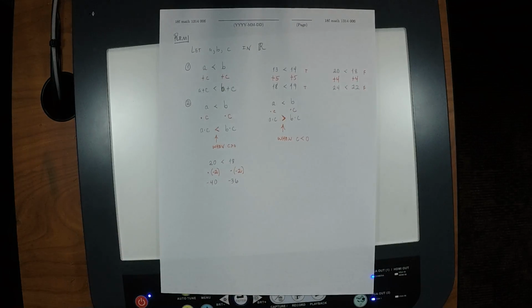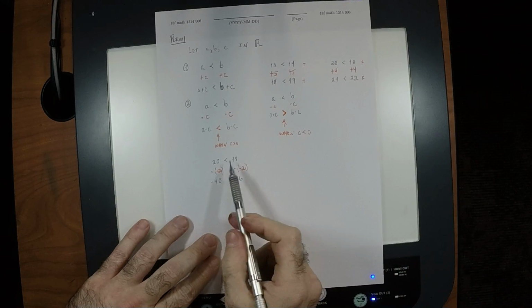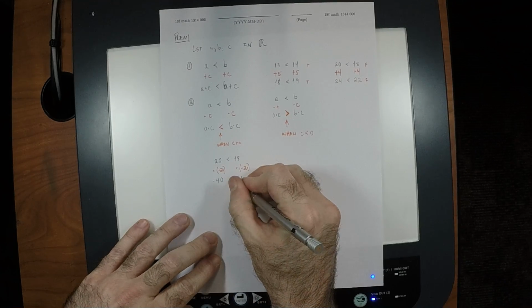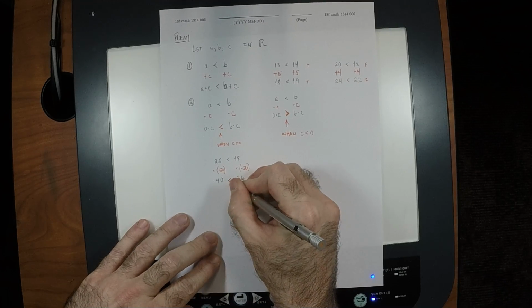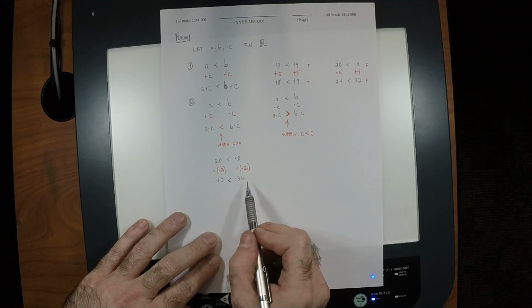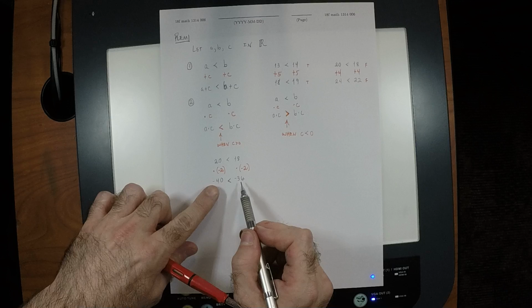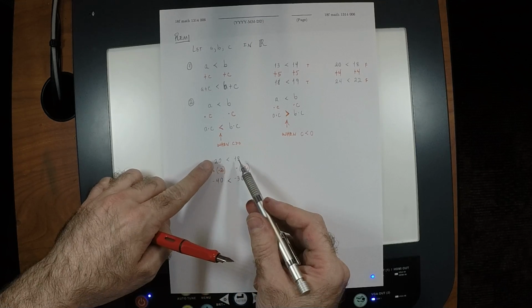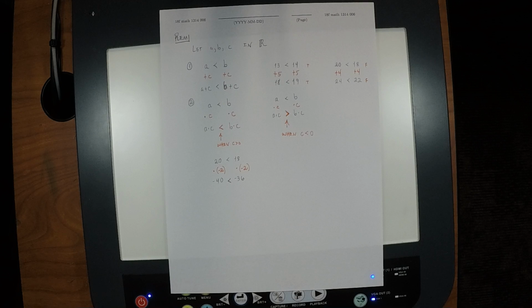Now, if we don't reverse the direction of the inequality, if we keep it like this, now have a look. Is that true? It is true, right? So it started false, and then we multiplied both sides by -2, and then it became true. So that's not good.